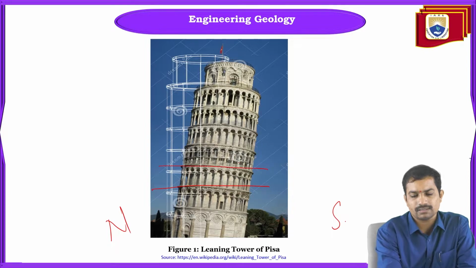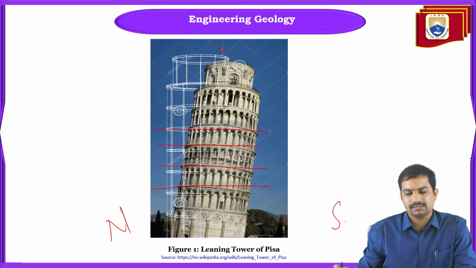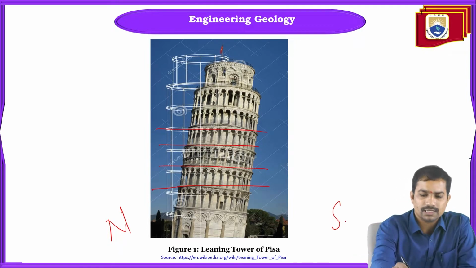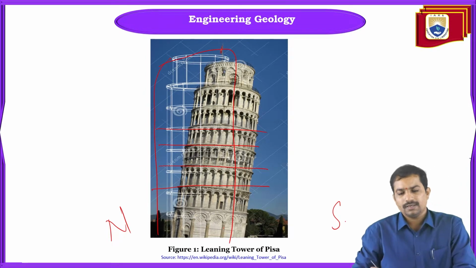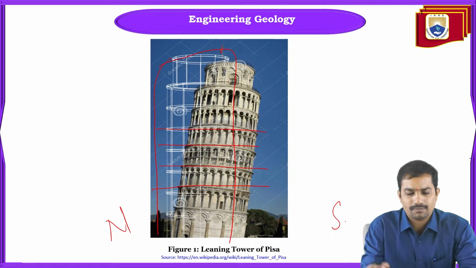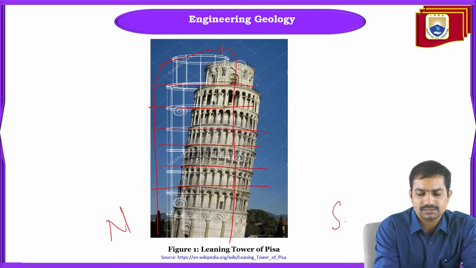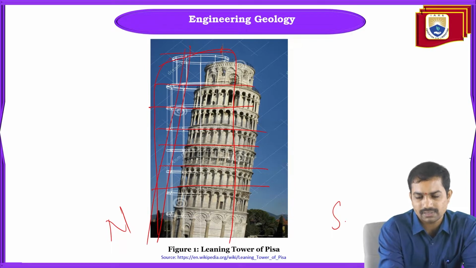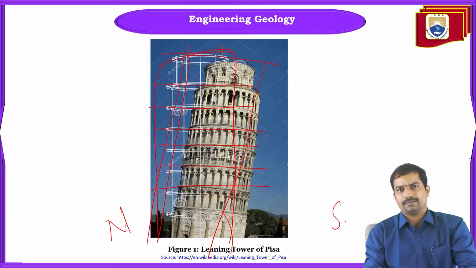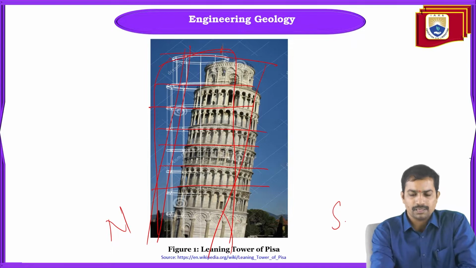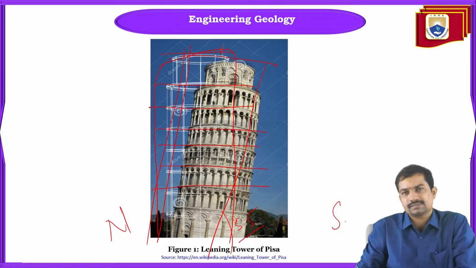Later, year on year, the construction was raised, and during the construction it was assumed that it would stay in this way. As the construction proceeded, the structure gradually started tilting towards the south side. The maximum tilt was up to 5.5 degrees.